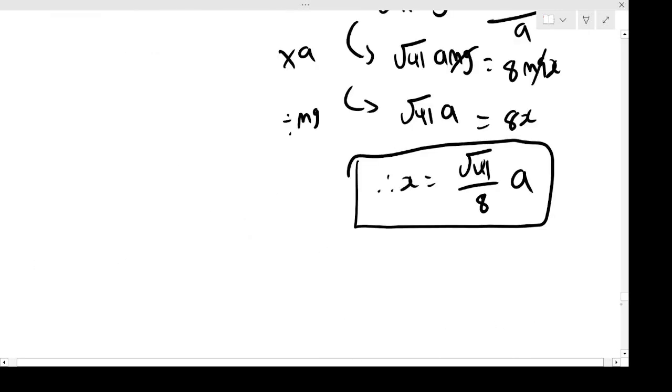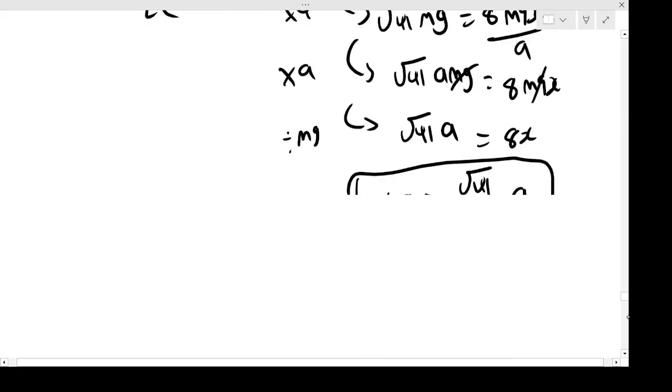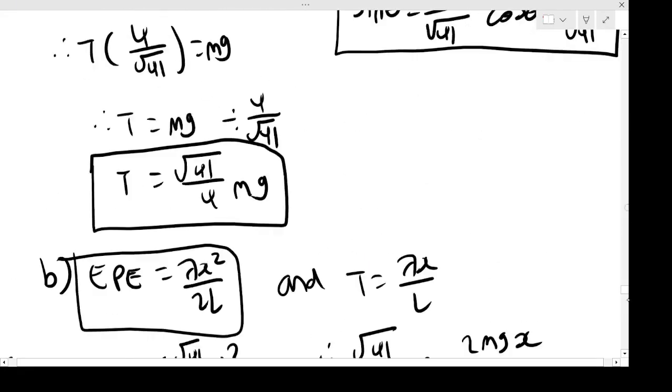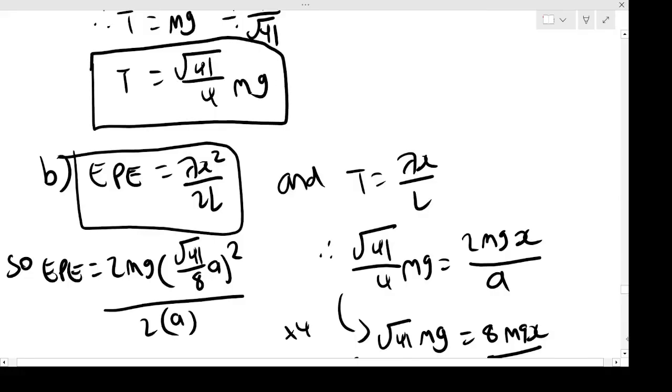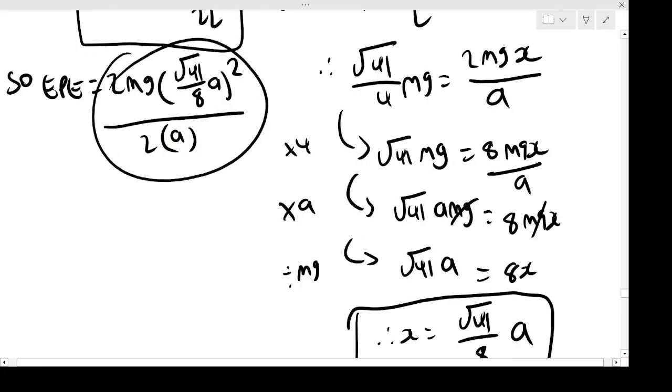Now x is root 41 over 8 lots of A, so it's going to be root 41 over 8 lots of A, all squared over 2L, so it's going to be 2 lots of the natural length A. And then we just need to simplify this fraction here.